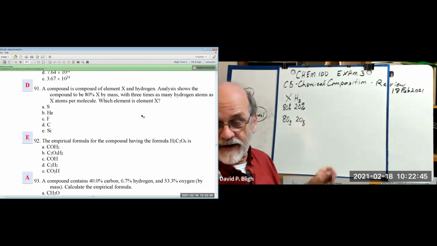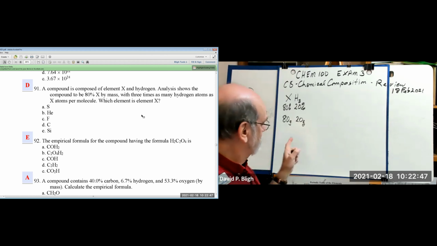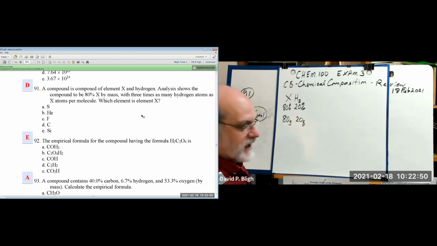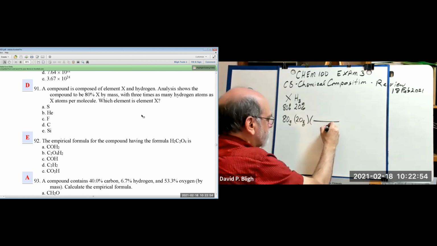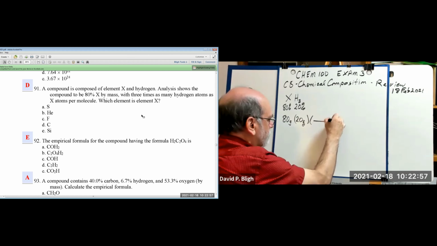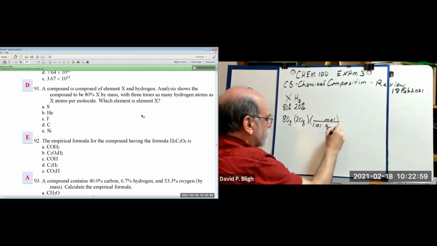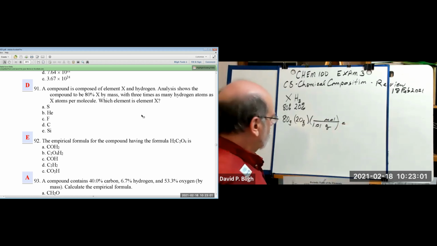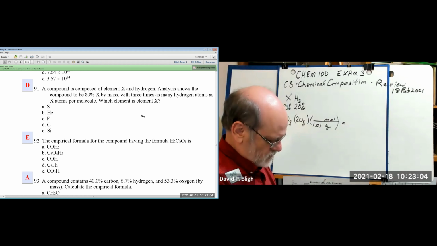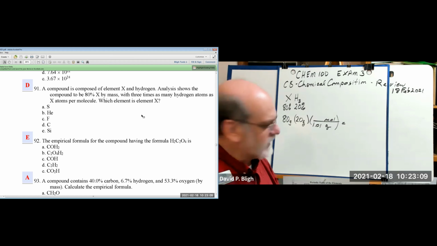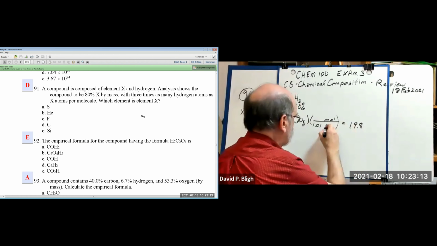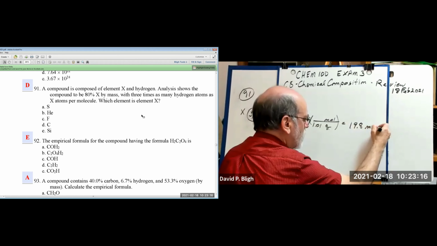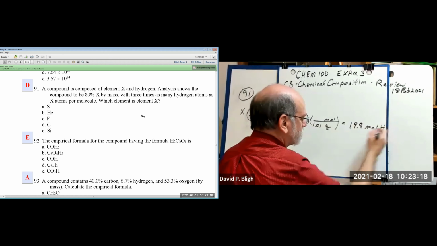Aha! Now we can find out how many moles of hydrogen there are. If there are 20 grams of hydrogen, how many moles is that? Okay. So 1.01 into 20 is 19.8 moles of hydrogen.